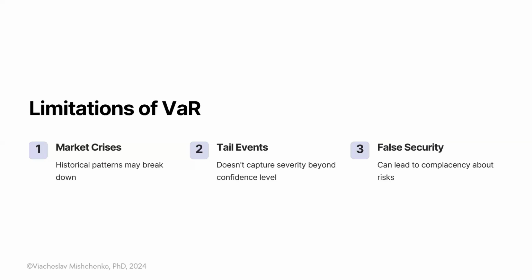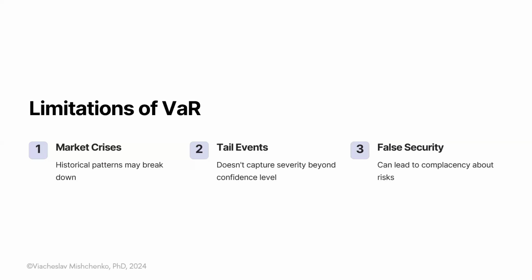This can, in practice, lead to complacency about tail risks. And so the solution, as I said, is to use value at risk just as part of a suite of risk measures. And here we can discuss the following complementary approaches to the general value at risk estimation.